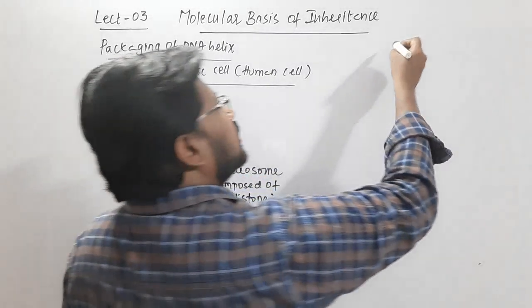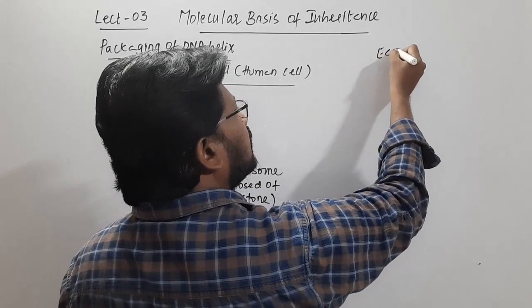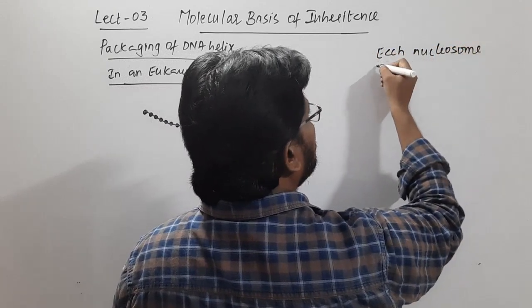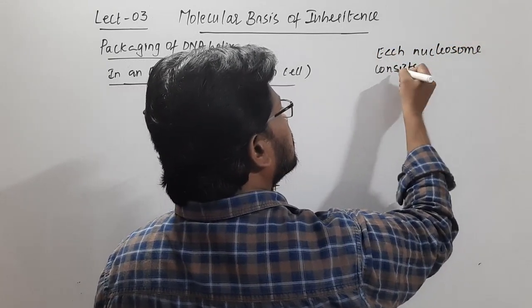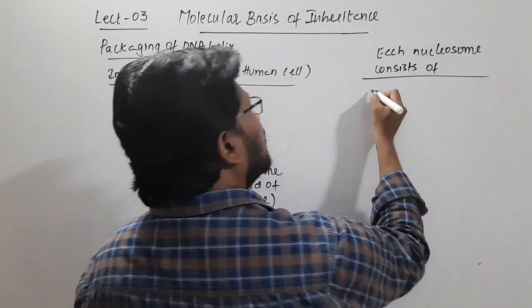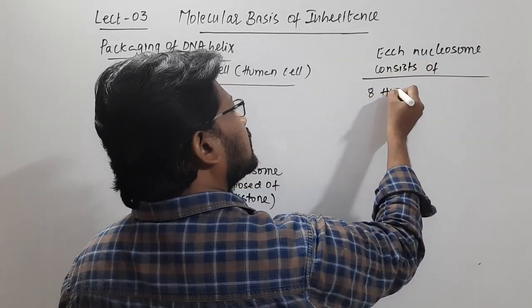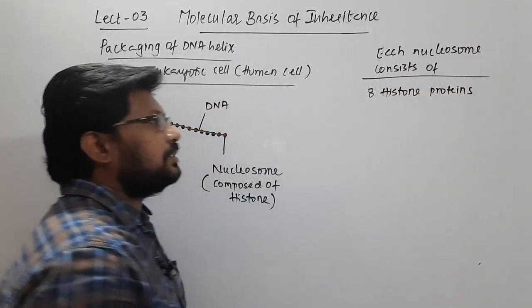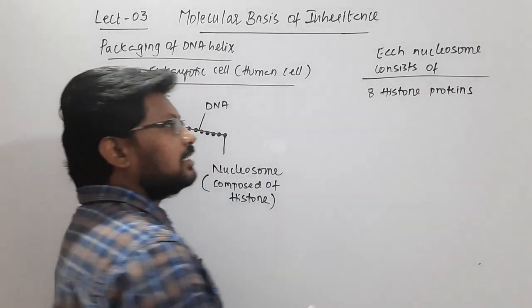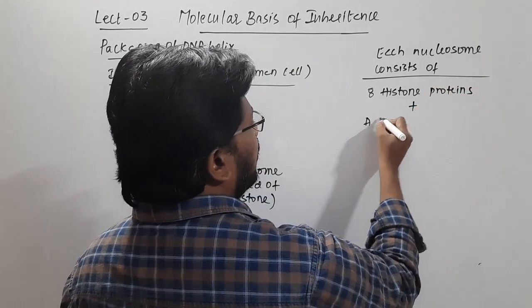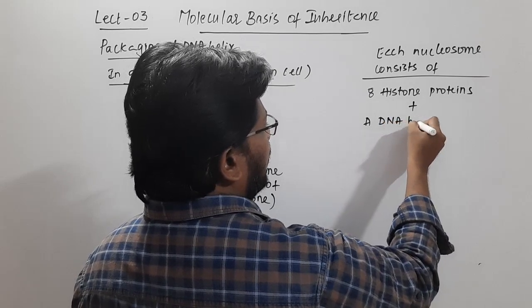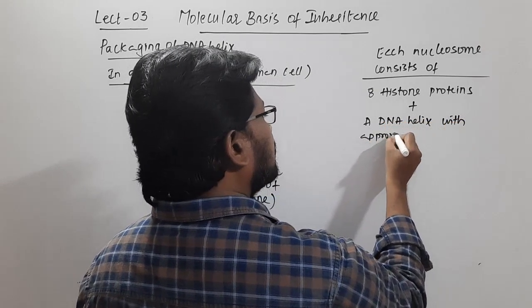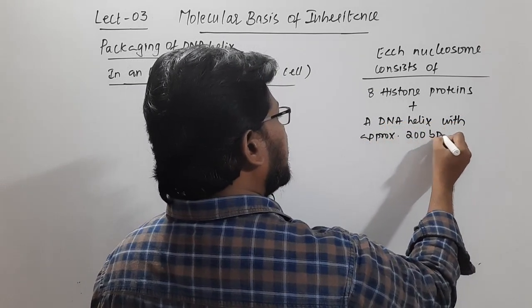Let's see, each nucleosome consists of 8 histone proteins plus a DNA helix with approximately 200 base pair length.